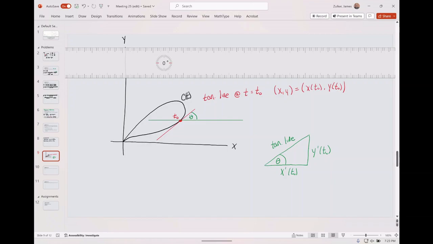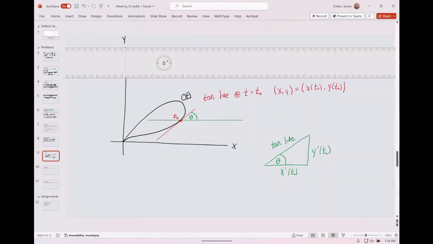What trig functions depend on the base and the height? In other words, if this is our angle, what trig functions depend on adjacent and opposite? Sine. Tangent. Which other one? Cotangent.